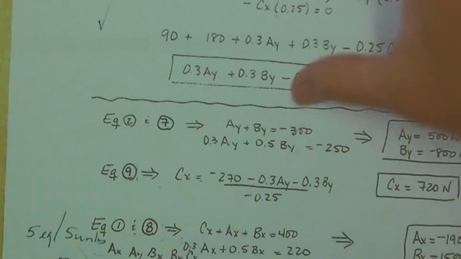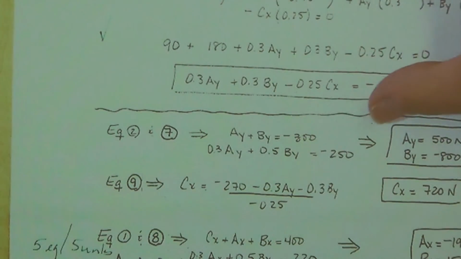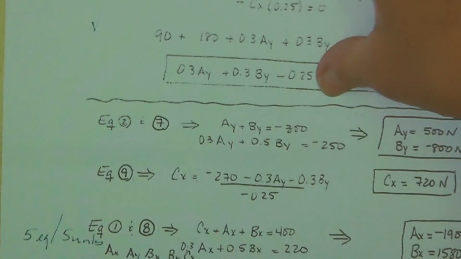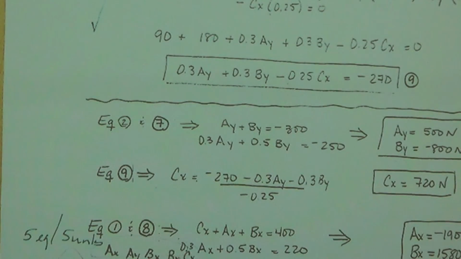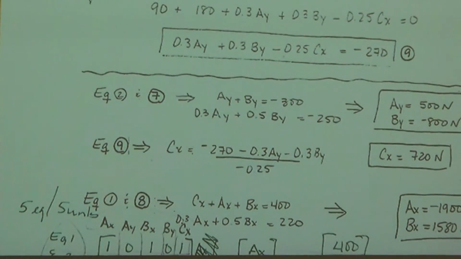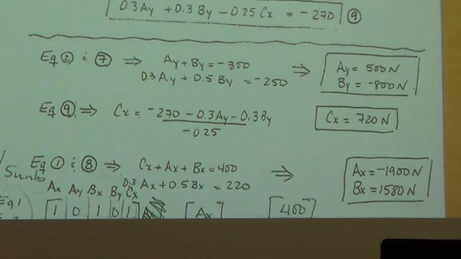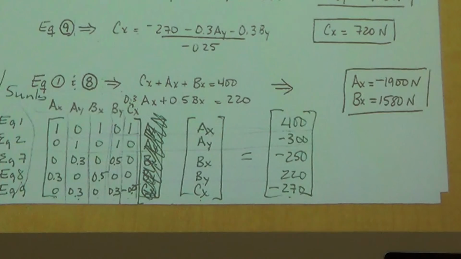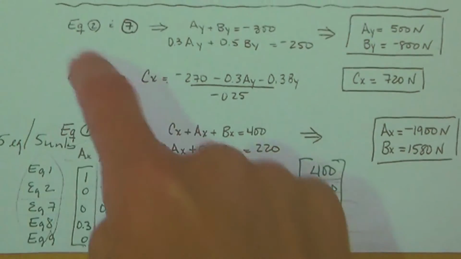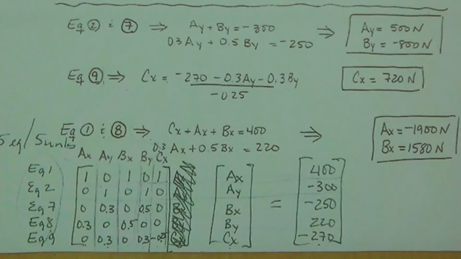Okay, so once you have, this is a good question. Once you have all the equations, you could just plug them into your calculator and spit out what AX, BX, and the rest are. Or you could show me the matrix and then plug it in and give me the answers, or you could do this plug inside.